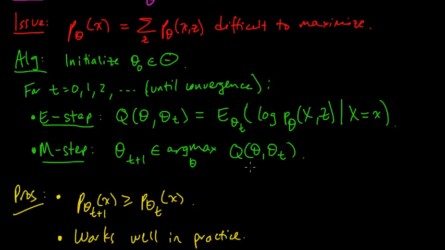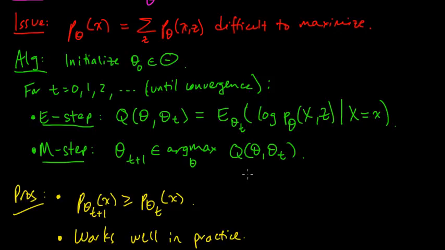But if it's not an exponential family, of course you can still apply the EM algorithm, but you may not be able to compute one of these two steps analytically. You may not be able to compute this conditional expectation analytically, and you may not be able to compute this maximization analytically. So there are, of course, extensions where you can do approximations and all sorts of things like that.